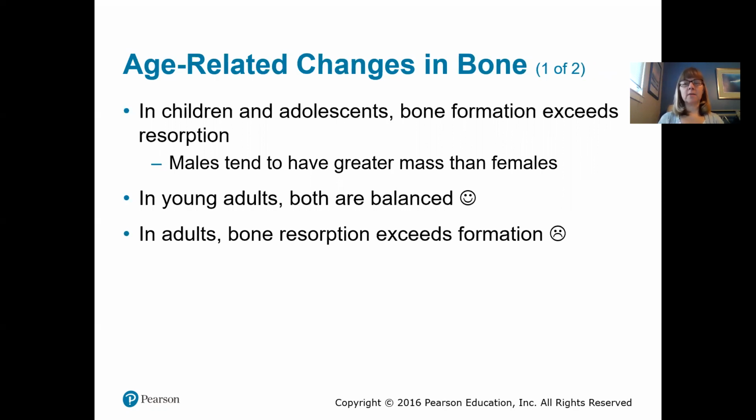And when you become a young adult, there's a balance of the bone formation and the reabsorption. So you've kind of got a balance. But as soon as you become an adult, once you hit 25, then your bone starts to reabsorb and you're no longer forming. So as soon as you hit 25, you start to absorb more bone than you are forming.